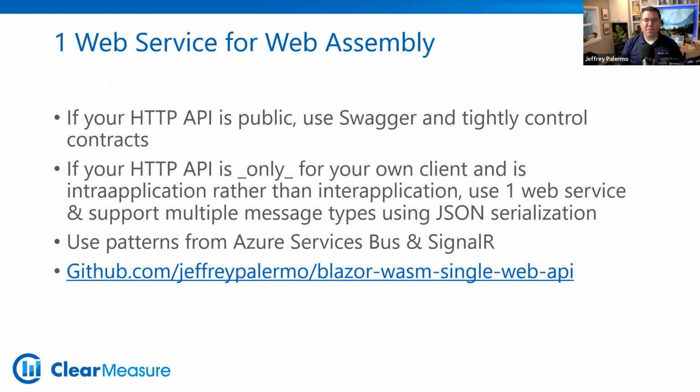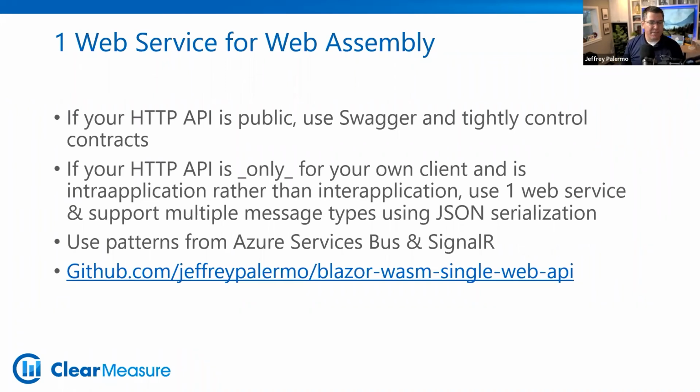So the default pattern kind of pushes us to web service sprawl. I have a ton of web services that now have to be maintained for no value from that maintenance. Okay, so instead, don't do that. Instead, steal the pattern from the Azure Service Bus SDK. And it's not a new pattern.